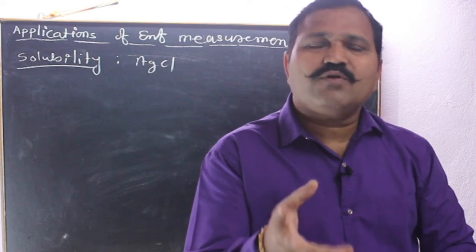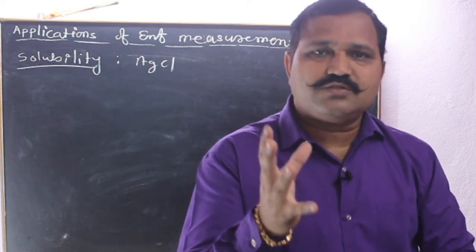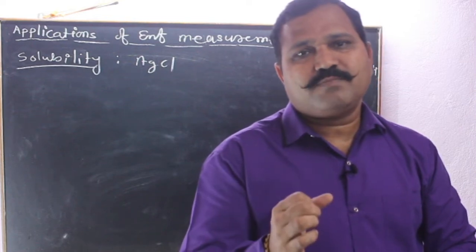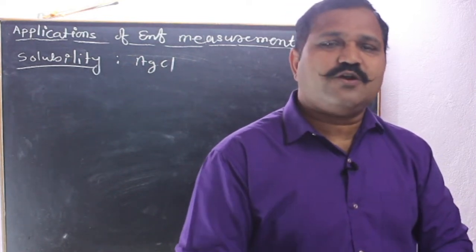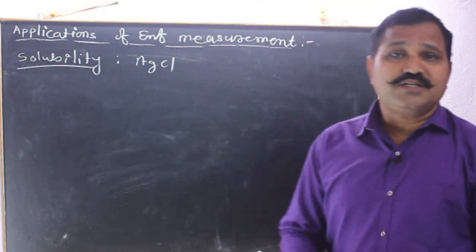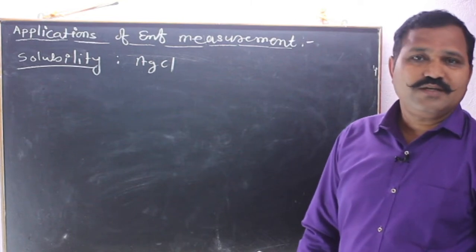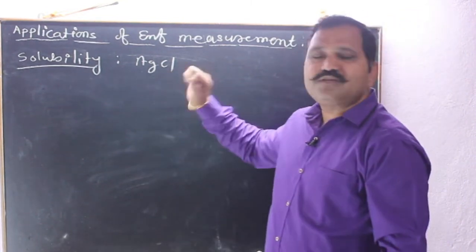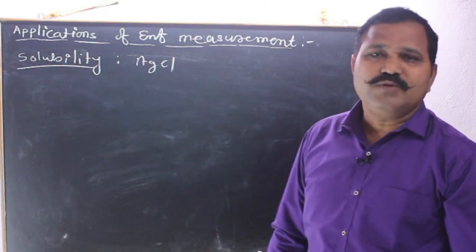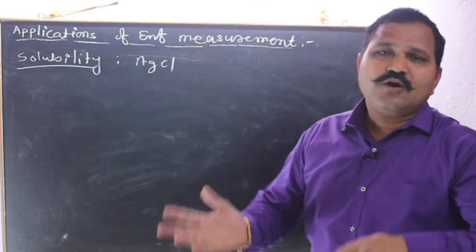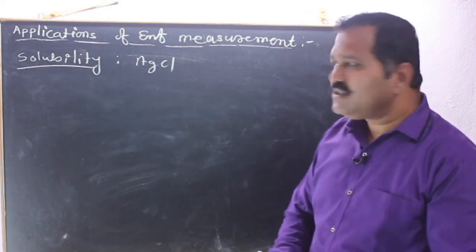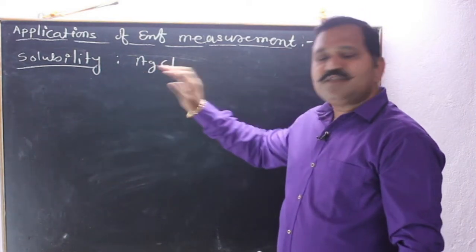A very small, negligible amount of that salt gets solubilized in water, and such substances are called sparingly soluble salts, and its concentration is called the solubility. The concentration of such sparingly soluble salts is called the solubility, expressed in mole per liter or maybe grams per liter, etc. Yes, this AgCl is a sparingly soluble salt.